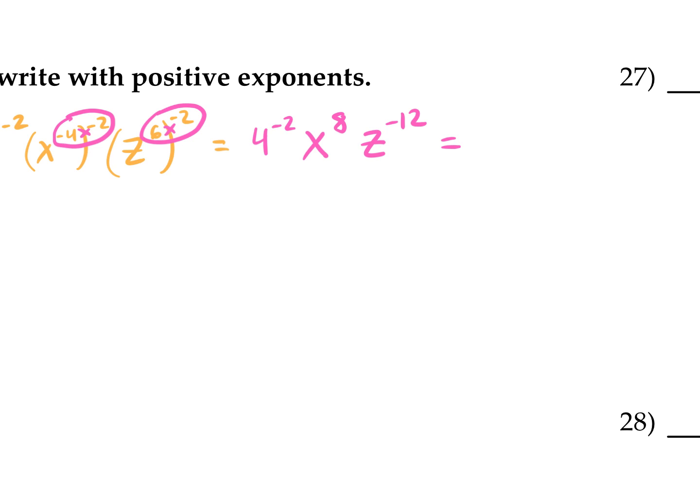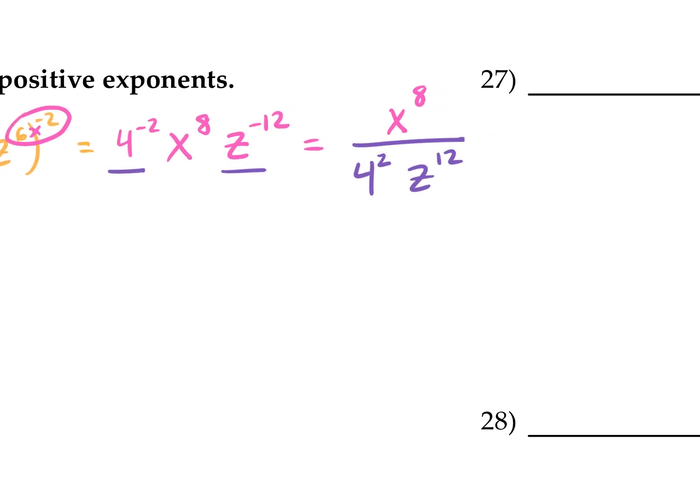Flip them. What's going to go to the bottom? 4 to the power of what? +2 now, because we moved it. What else? Z to the power of 12. Perfect. What do I do with the x? It stays up top. The 8 is not a negative exponent, so we don't move it. Stays where it's at, stays up top.